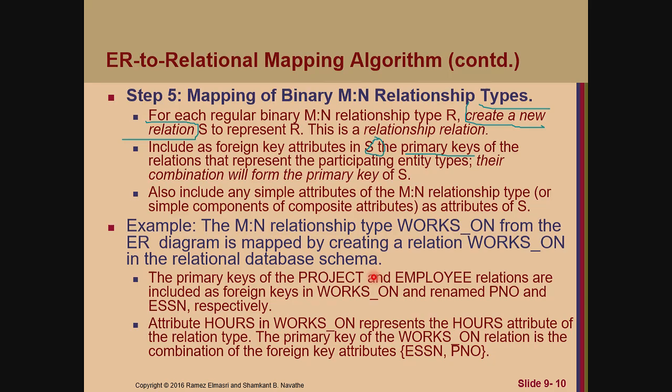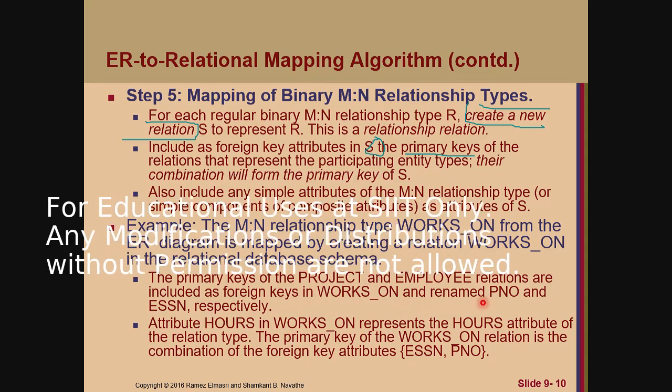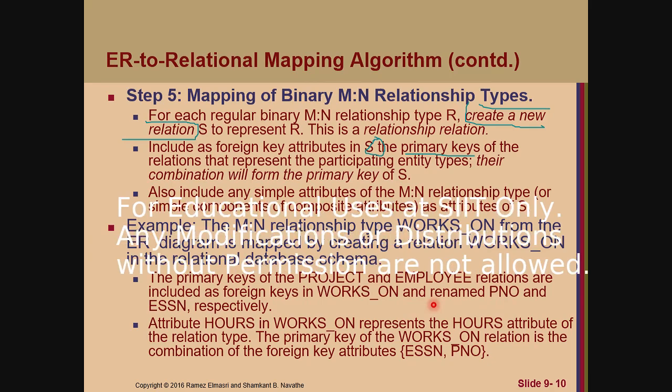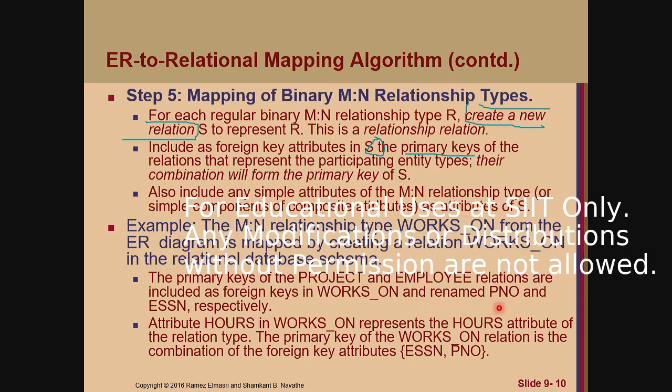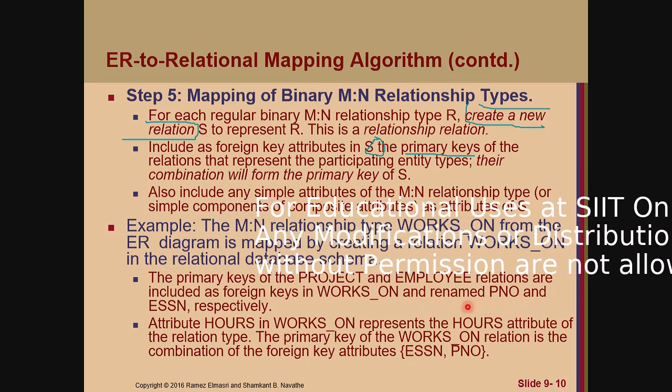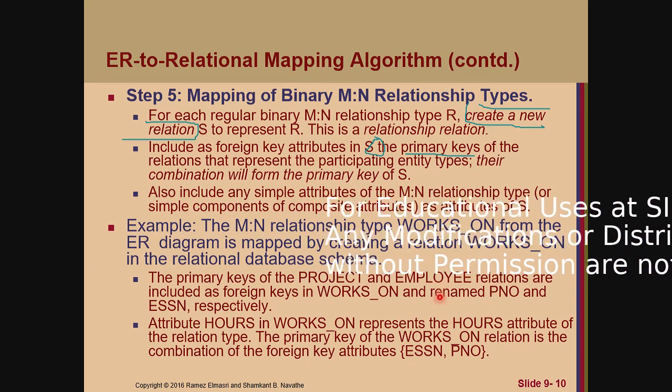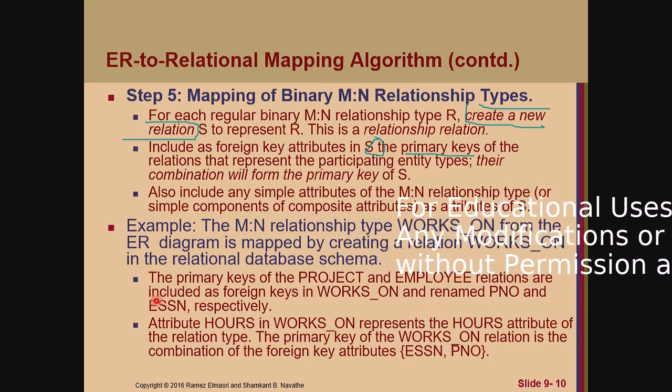So the primary keys of the project and employee relations are included as foreign keys in Works On, and rename the project number to PNO, and SSN from employee changes to ESSN.